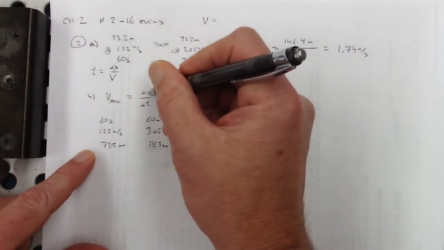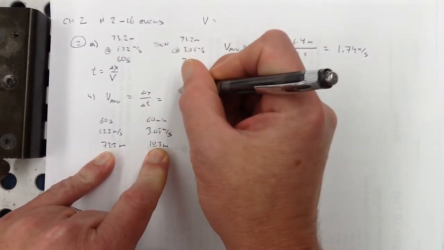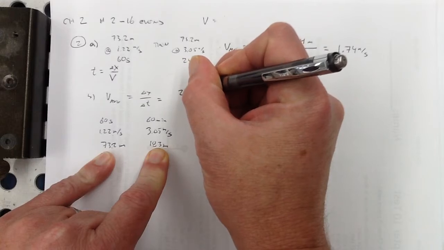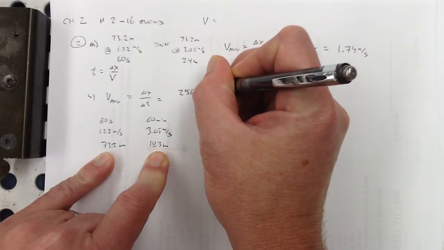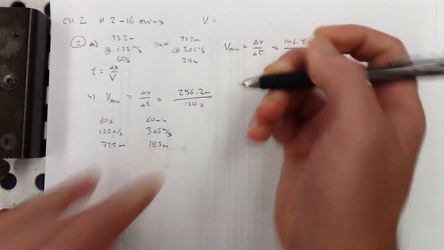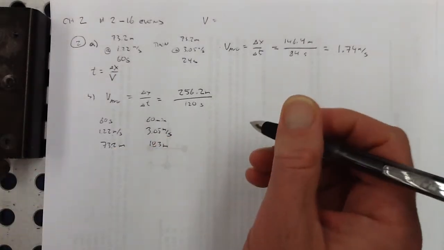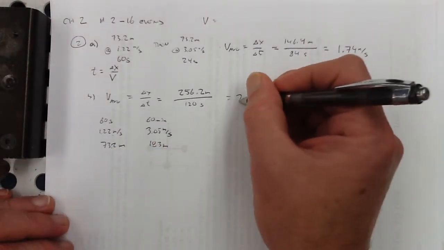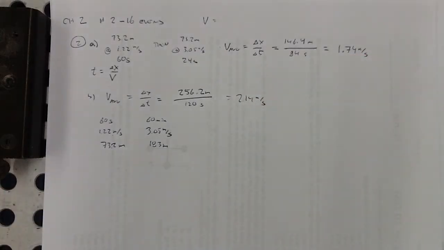Okay, so my displacement is the sum of those two, which is going to be 256.2. Got that right, and then that's 120 seconds. That gives me about 2.14 meters per second.